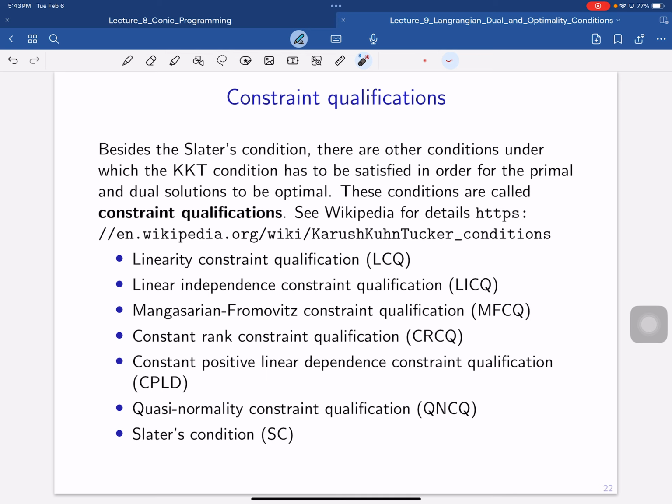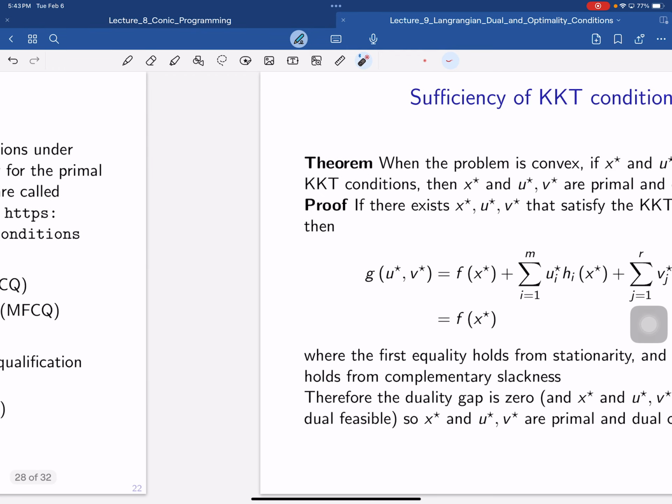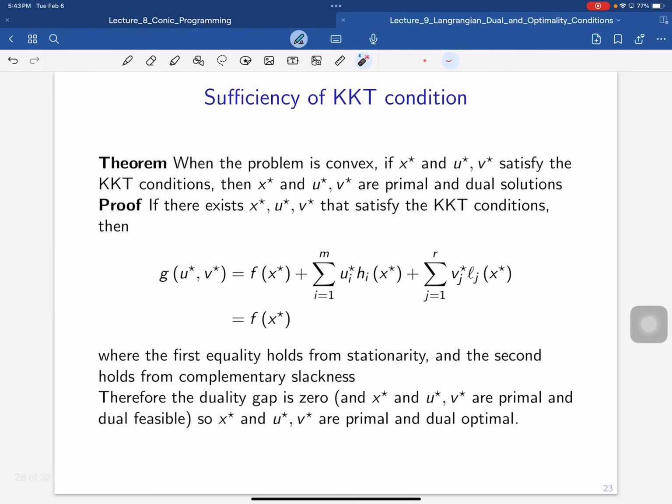But there are other conditions where, once those conditions are satisfied, the optimal solution will also satisfy KKT conditions. You can find those conditions on Wikipedia. In some of the papers, you may encounter those conditions. The point of having this slide is for you not to be too nervous about them. It is nothing but some other condition similar to Slater's condition. Okay. So then we are going to show the sufficiency of the KKT conditions.